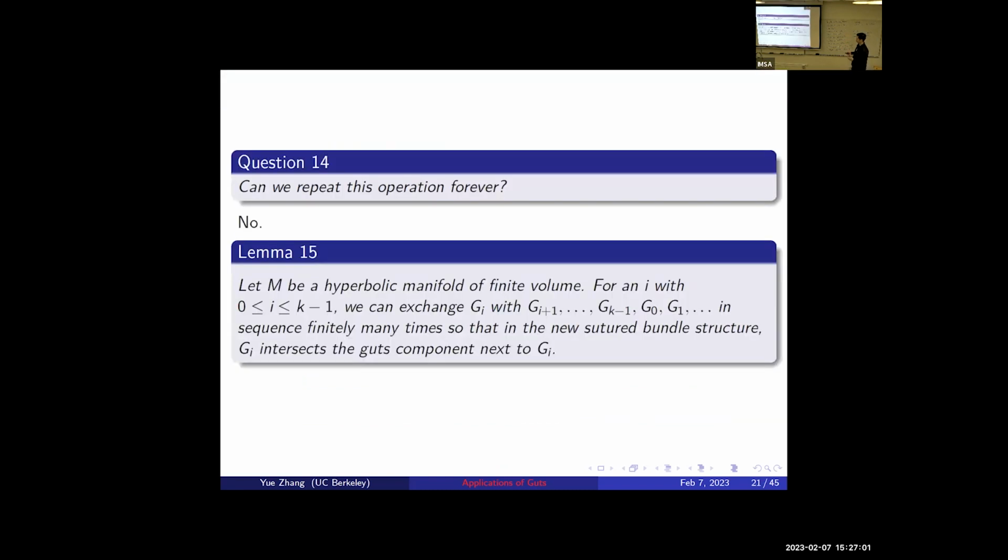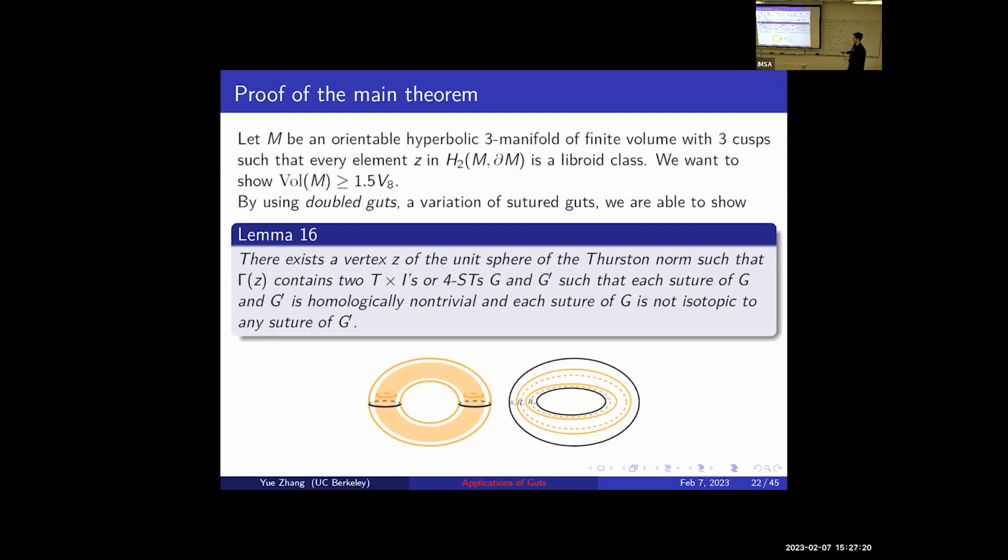And the answer is no. So we proved a lemma that you can only exchange G_i with G_i+1 so many times, so that in the last step, G_i will intersect the guts next to it.